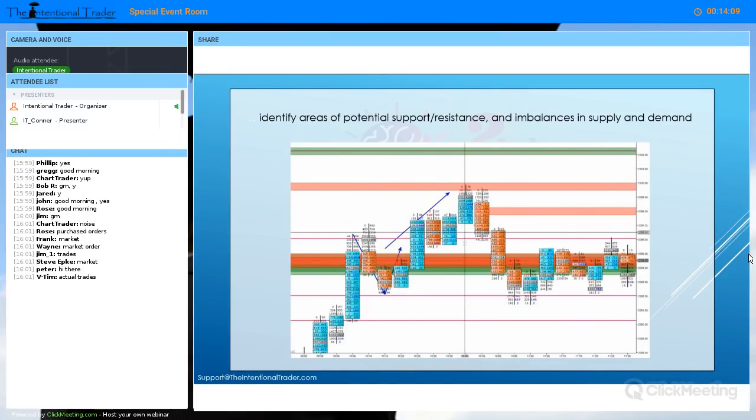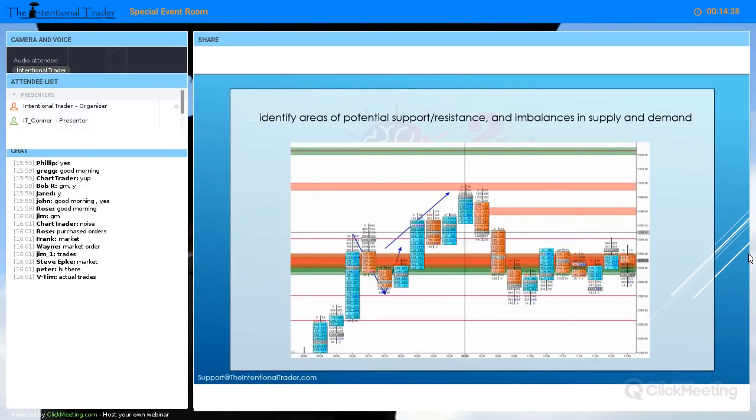Is there any explanation needed at this point? Anybody need some clarification on order flow trading? Order flow means that we're analyzing the orders that are being put into the market that are sitting and waiting for price to get to those orders, for buyers and sellers to come to them.